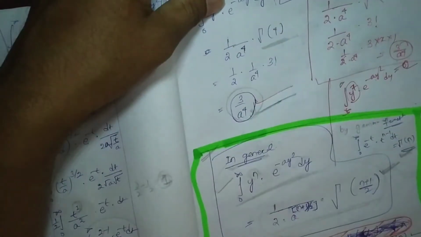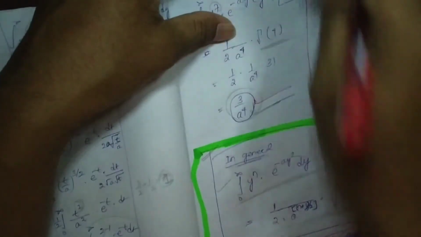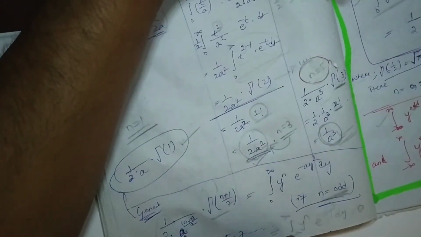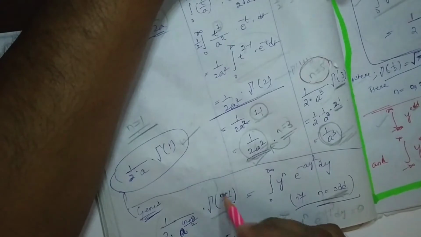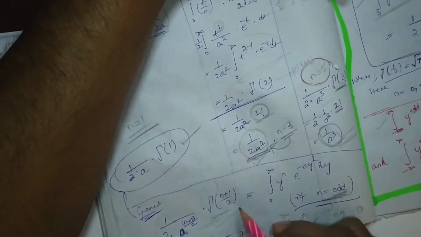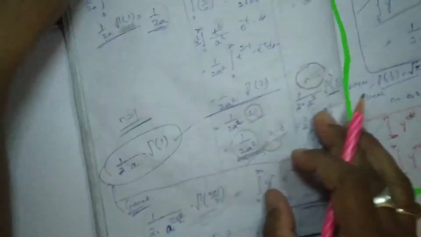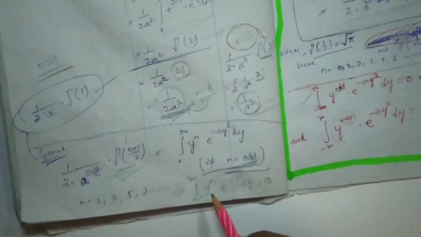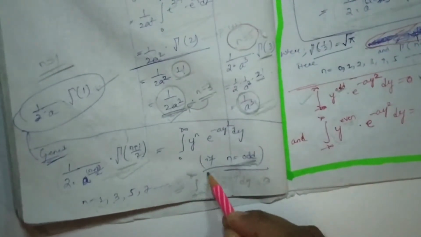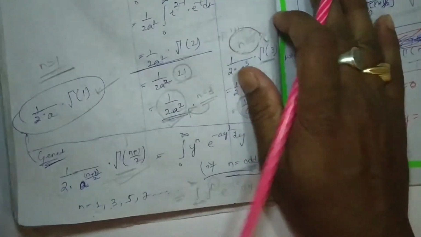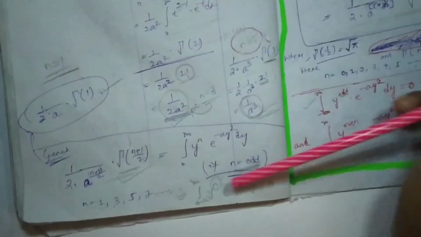Likewise, for any odd value of n, the formula is 1 by 2 a to the power (n plus 1) by 2 gamma of (n plus 1) by 2. Actually this is also valid for n equal to even, but the simple difference is that for minus infinity to infinity, y to the power odd into e to the power minus a y square dy will be equal to 0.